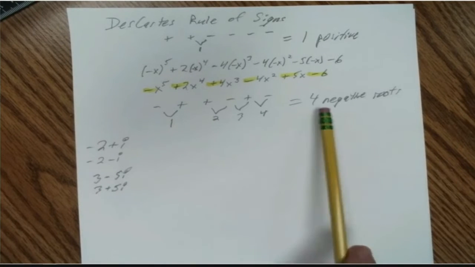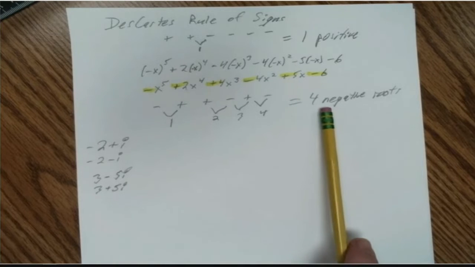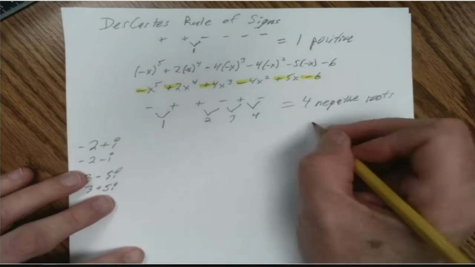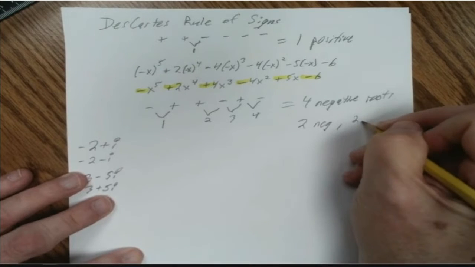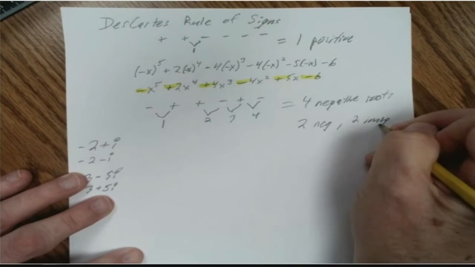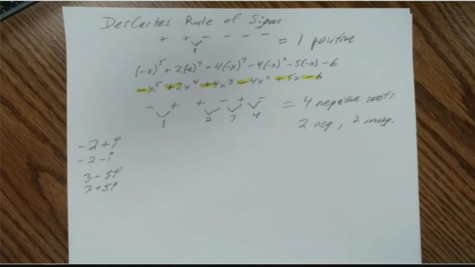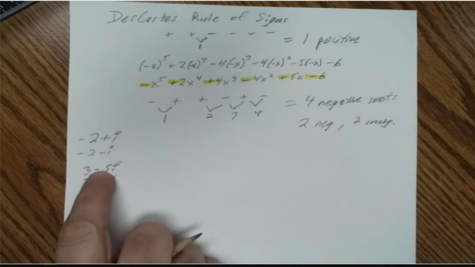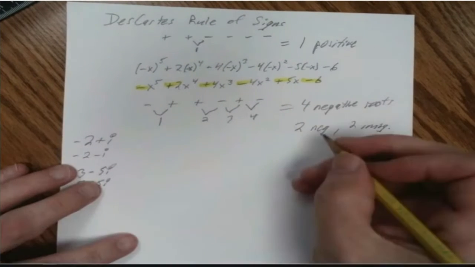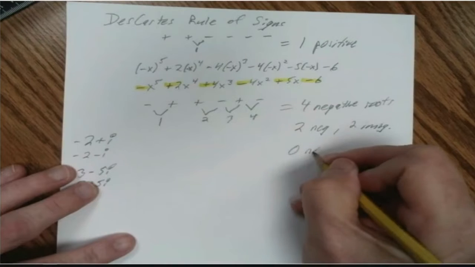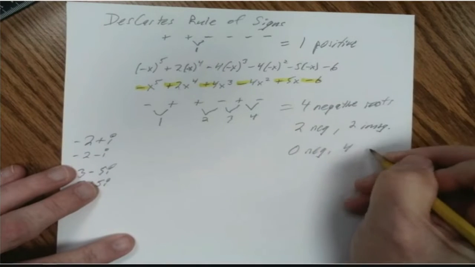So if it turns out that some of these are imaginary, maybe there's only 2 negative roots and 2 imaginary. It's possible, because we don't know how many of these are imaginary, how many are real. Since there's still a 2, there could be 0 negative real roots, and there could be 4 imaginary.